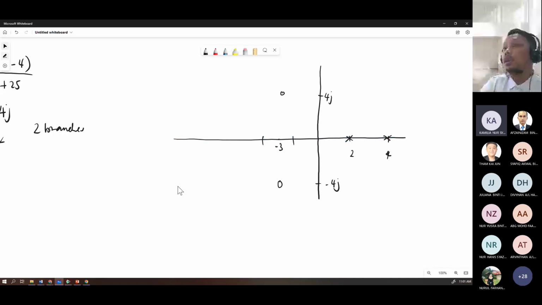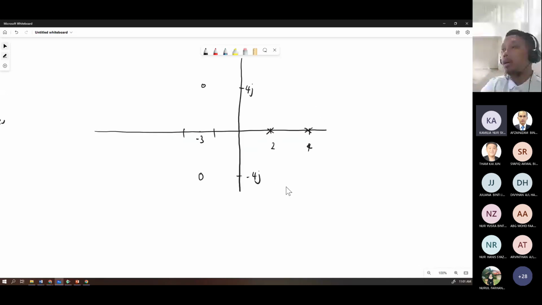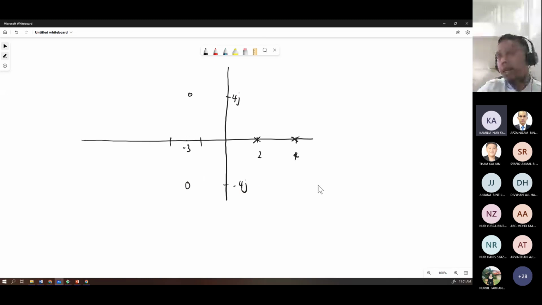Okay, and then we can determine on which portion of real axis there will be the root locus. So from here to infinity, there will be no root locus on the real axis. And then from 2 to 4, you only have one pole here. So there's a root locus here. So you can sketch it.